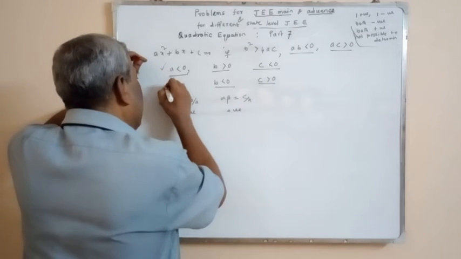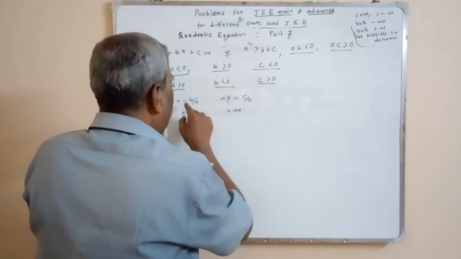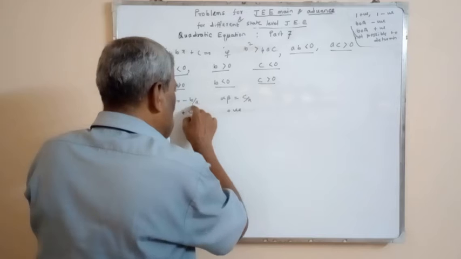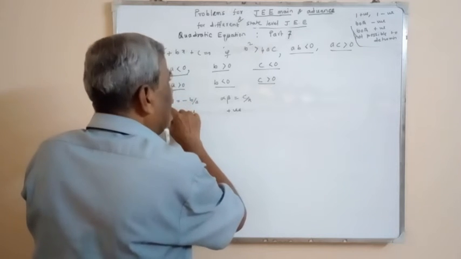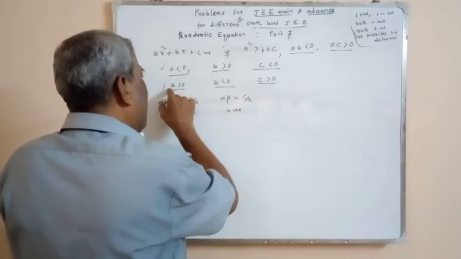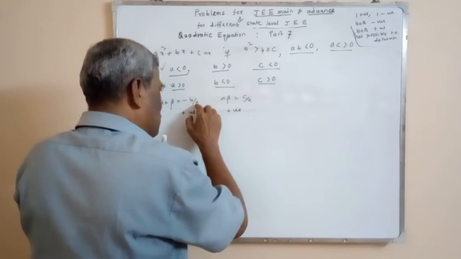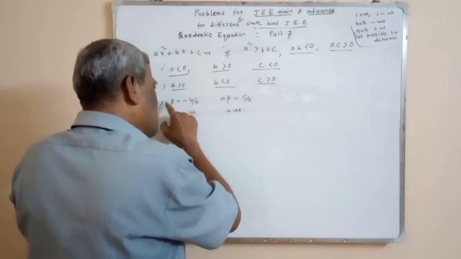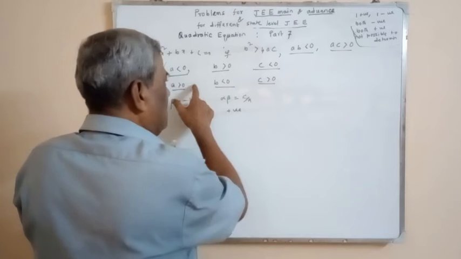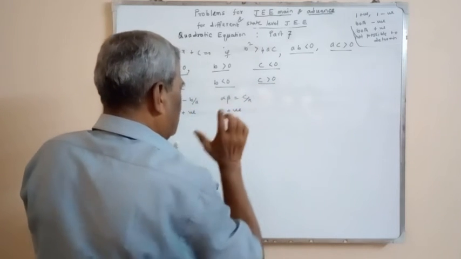Now if A is positive and B is negative, negative by positive is negative, so minus B by A, the sum, is positive. And A positive, then C again positive, so product is positive.